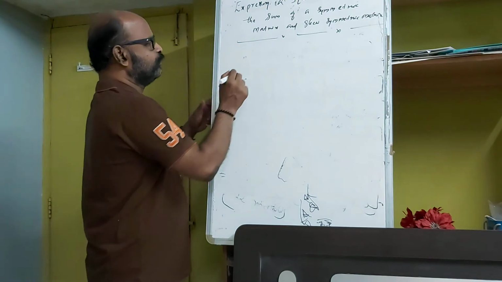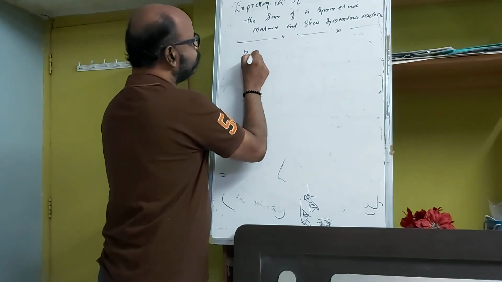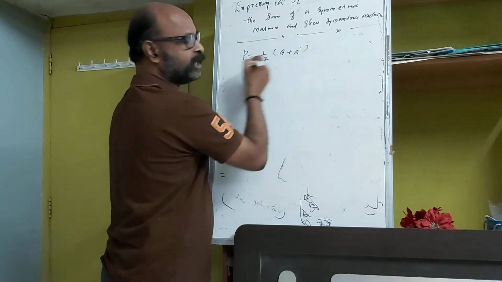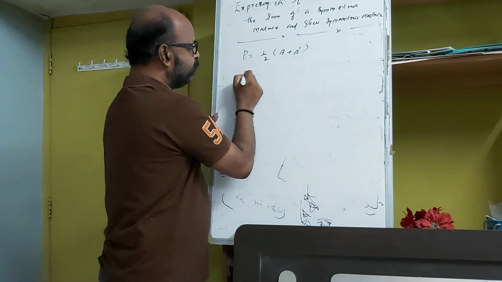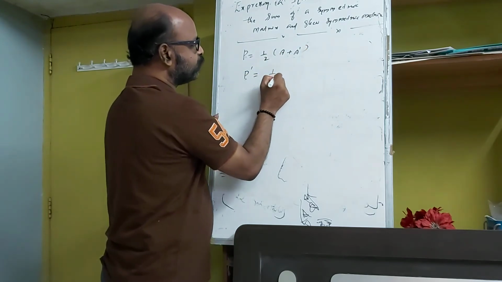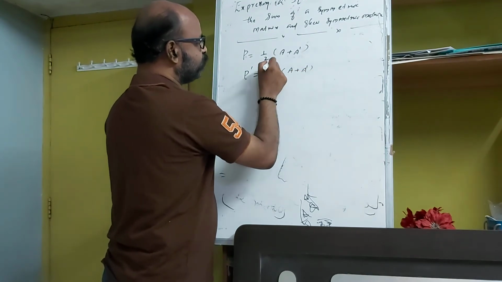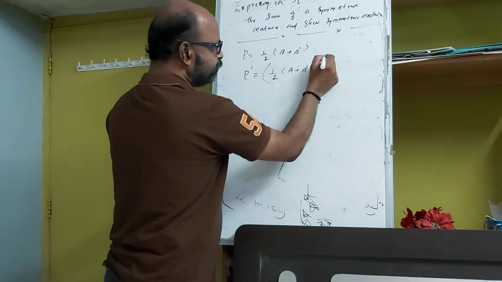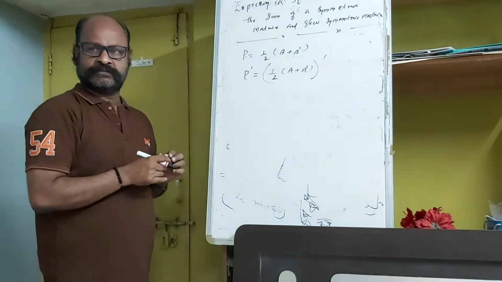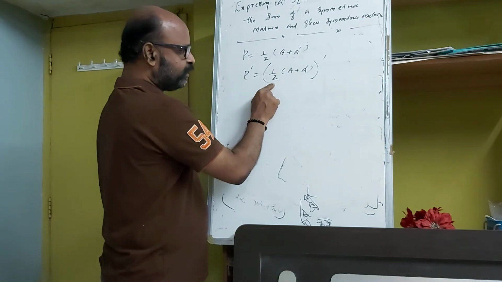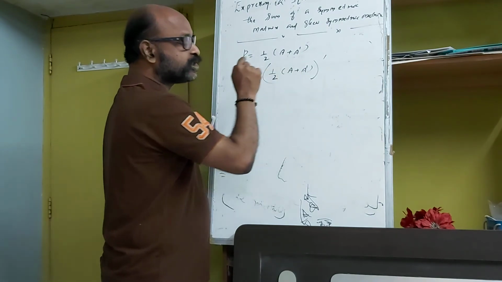Okay, look, we have taken P as half into (A plus A transpose). Then P transpose is equal to half into (A plus A transpose), the whole transpose. Half is a scalar, and A plus A transpose is a matrix.